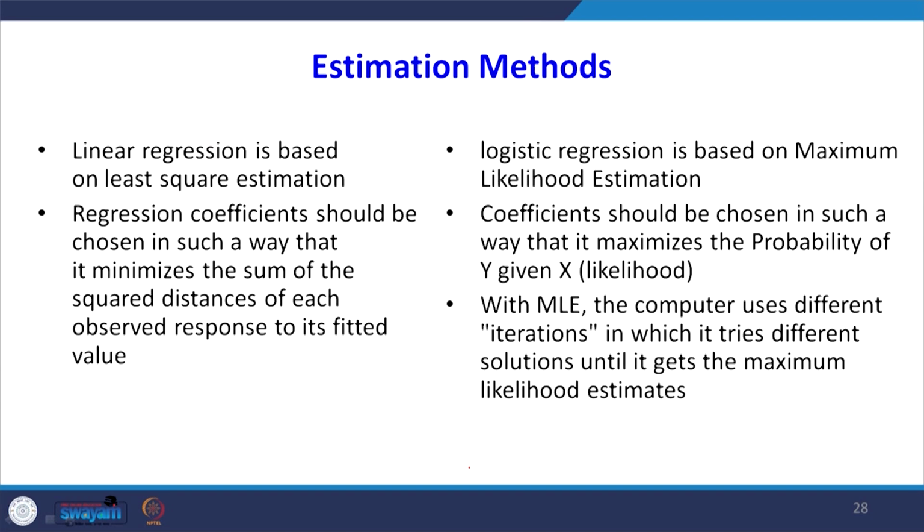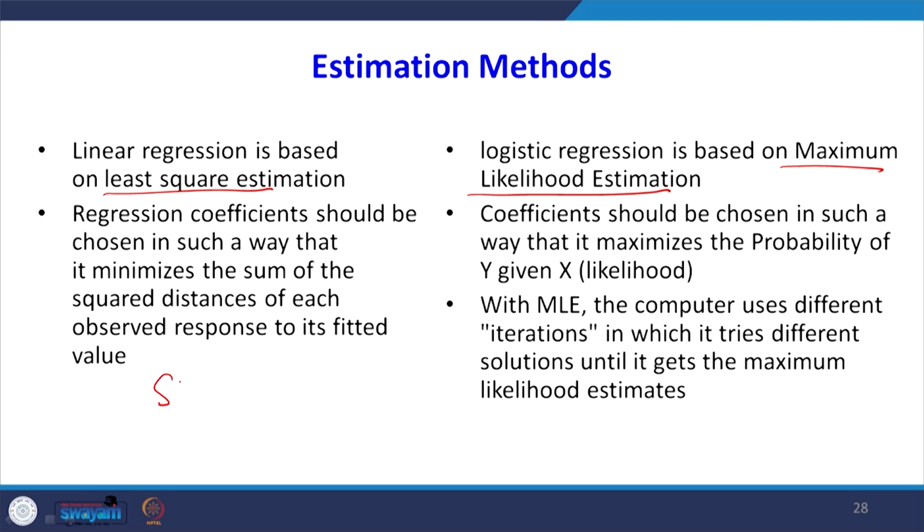Another important difference is that linear regression is based on least squares estimation, but logistic regression is based on maximum likelihood estimation. In linear regression, regression coefficients should be chosen in such a way that they minimize the sum of the squared distances of each observed response to its fitted value.